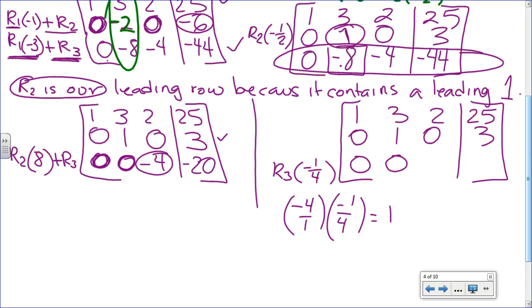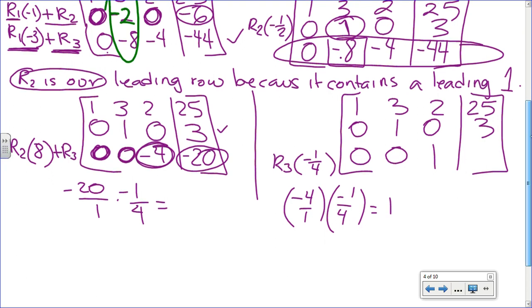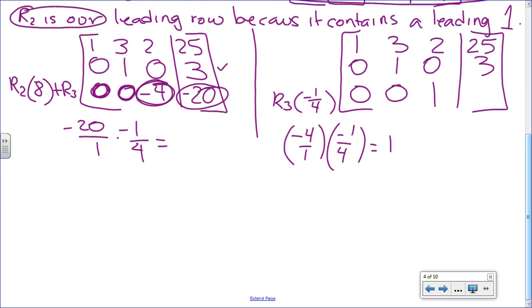And then negative 4 times negative 1/4, that's a 1. And then negative 20 times negative 1/4, if you're not sure, just write them down. There's nothing wrong with that. You do not need to use decimals. You can do fractions. So that's positive 20 over 4, which is 5. Okay, so now we're done here, 5.